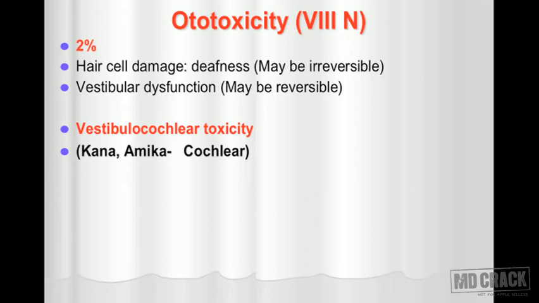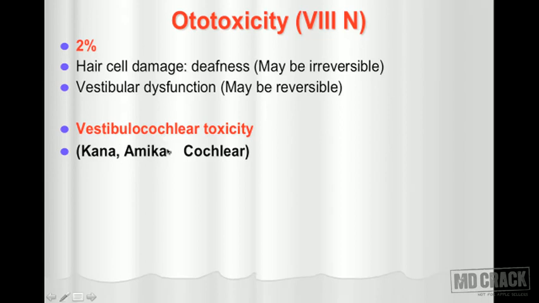And just as I said in the beginning, some drugs may be more toxic to the vestibular component and some others may be more toxic to the cochlear component. So look at this, gentamicin and amikacin. These two substances produce more cochlear toxicity. Now there is K in the spelling of both these substances, that's gentamicin and amikacin, and amikacin is a derivative of gentamicin. So that could be the reason the similar structures are responsible for cochlear toxicity.